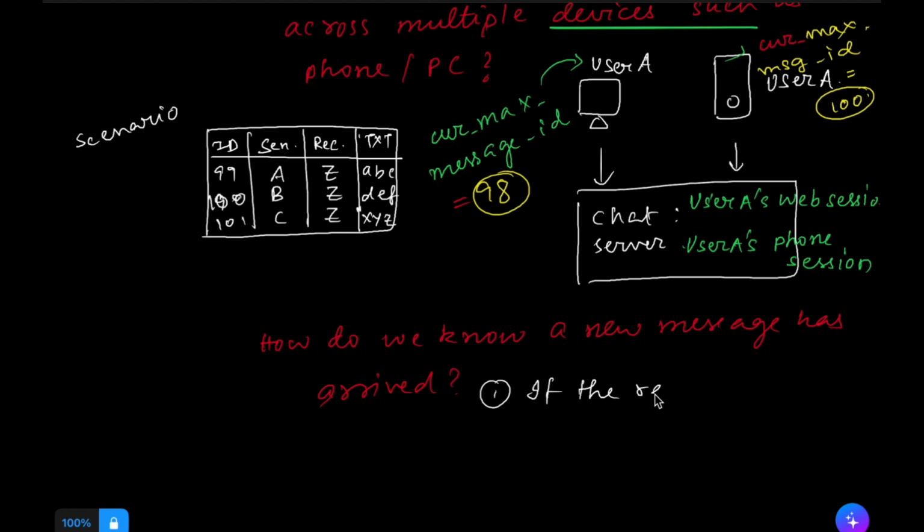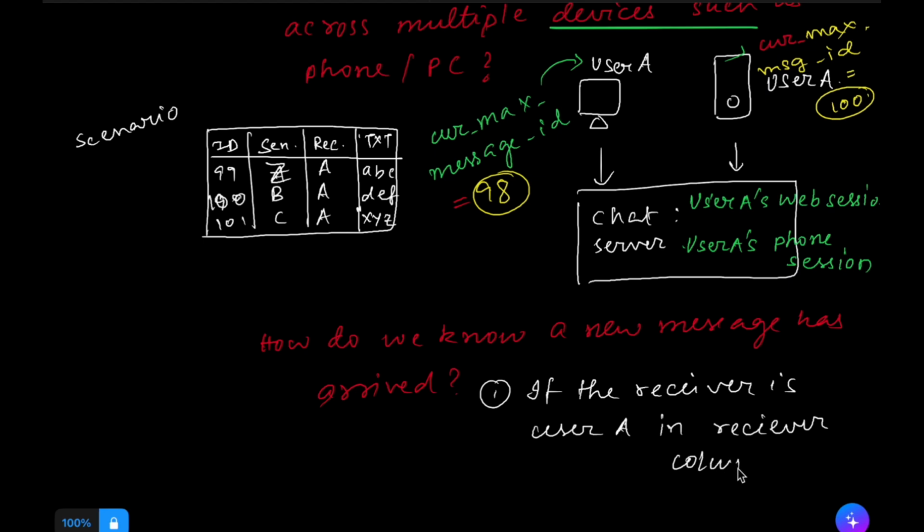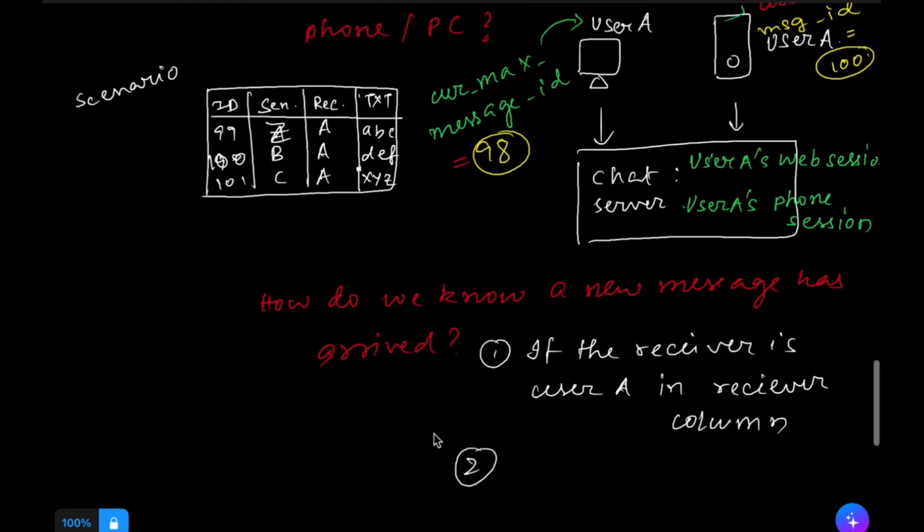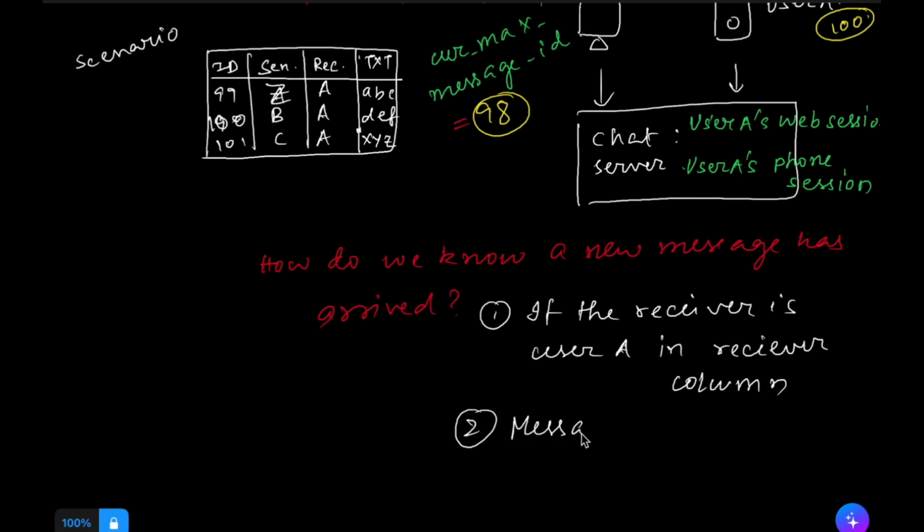Let's say I make this A to understand the example, and this is Z. If the receiver is user A in the receiver column of the key value store, and the message ID of the row we are looking at currently is greater than the current max message ID of that particular device, then we know there is a new message.